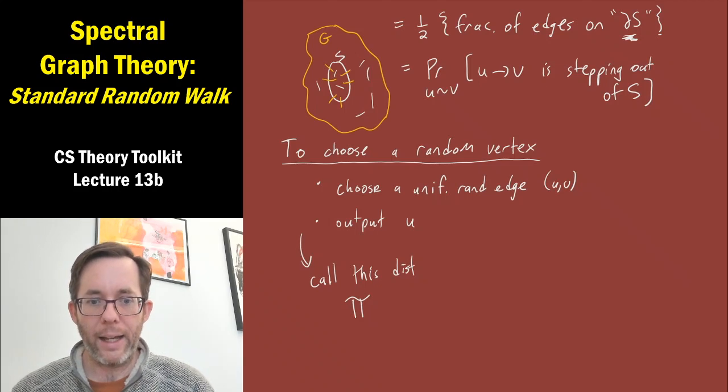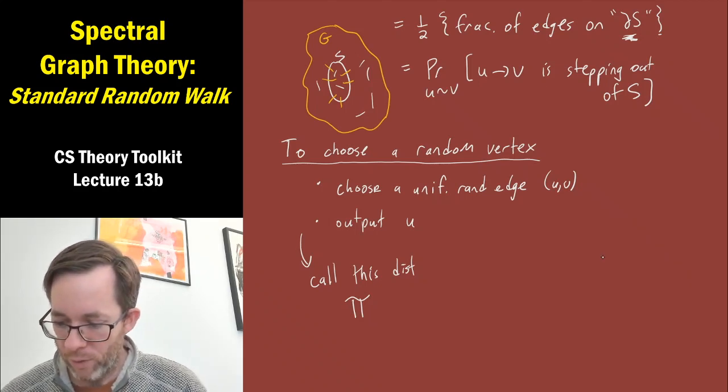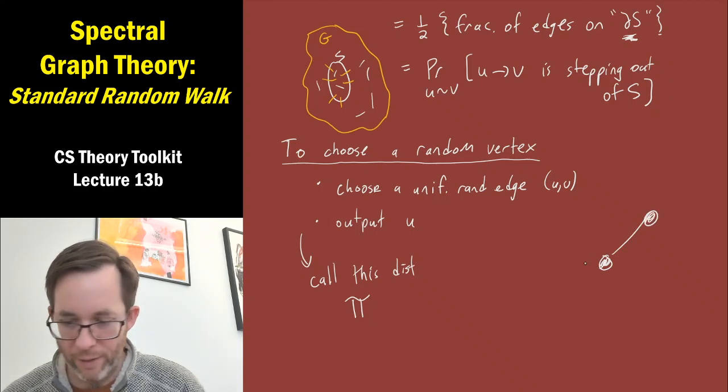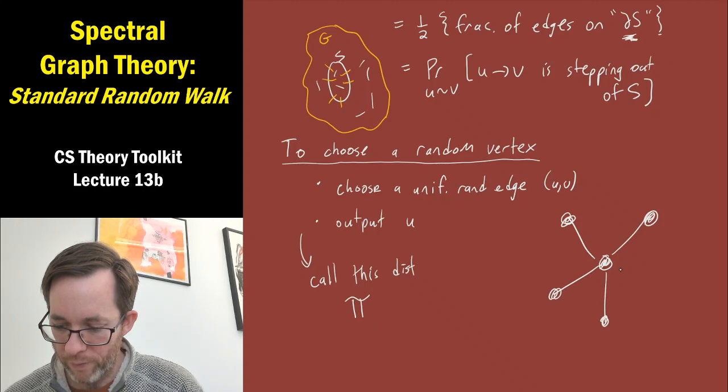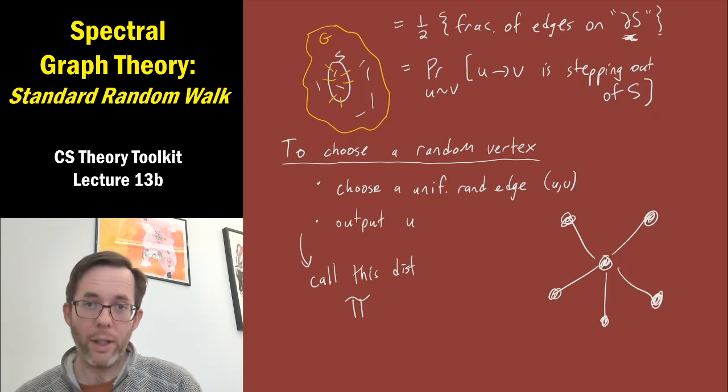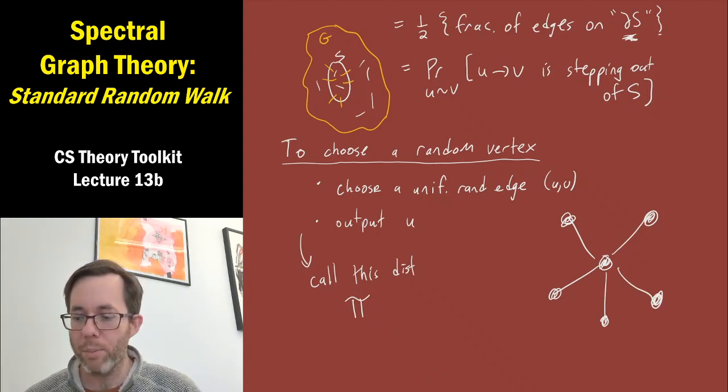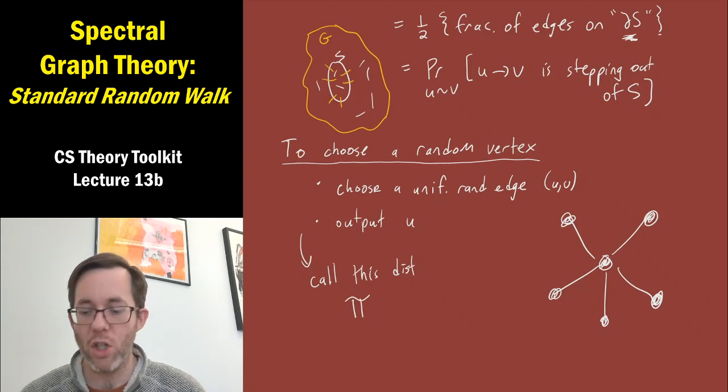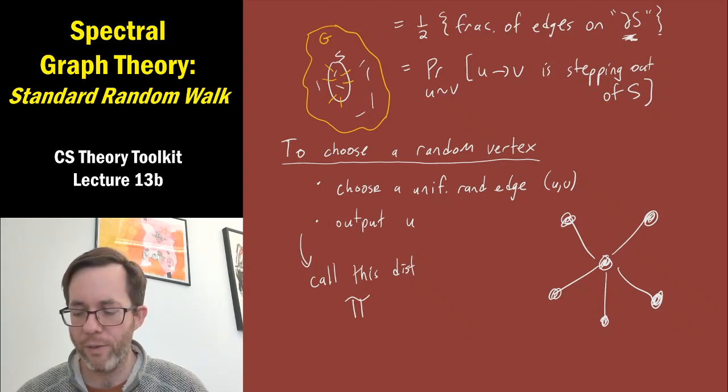And if we think about it, let's say for this graph here, with 5 vertices and 5 edges, this is an irregular graph, notice. And what are the probabilities with which each of the vertices is chosen under this pi for this graph? Well, we'll choose a random one of the 5 edges. It doesn't really matter too much which one.